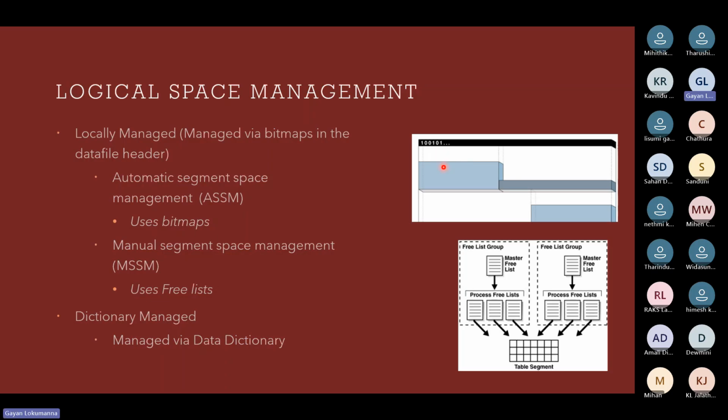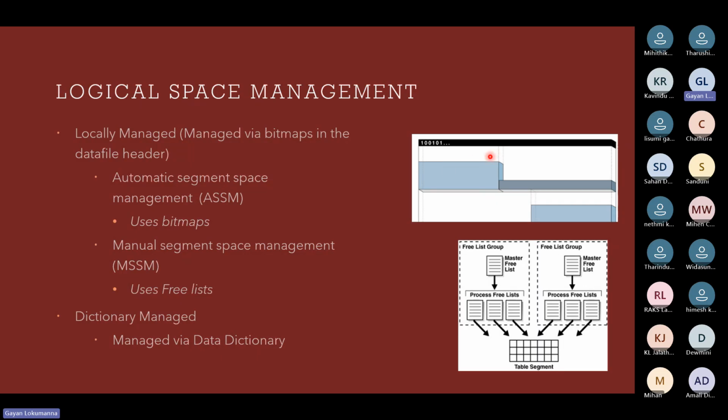It could be the other way around, but I'm just taking an example. So it could be a situation where you have one for the second block, which means that block doesn't have enough space to accommodate new inserts, right?